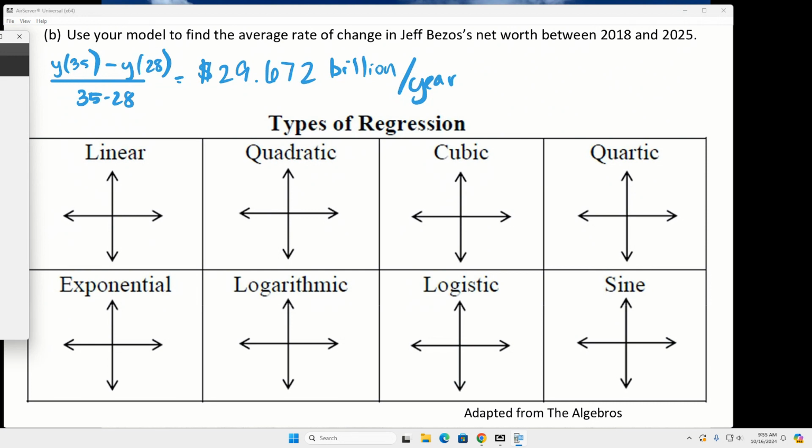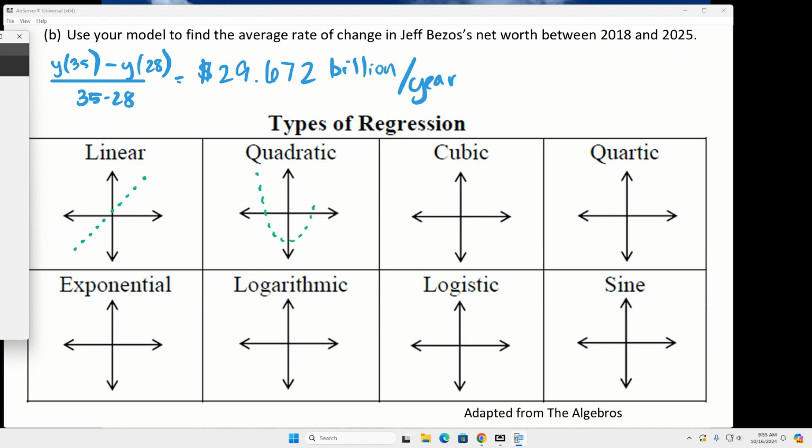Right, so if you hit that stat calc, you can see there's a ton of different types of regression that you can do. We're just going to do that top row this time. The bottom, we'll do the bottom one except for logistic, but I'm just going to go through and show you what those types of regression would look like, or what the data should look like. And we kind of did this yesterday too. We know linear should be somewhat linear, roughly linear.